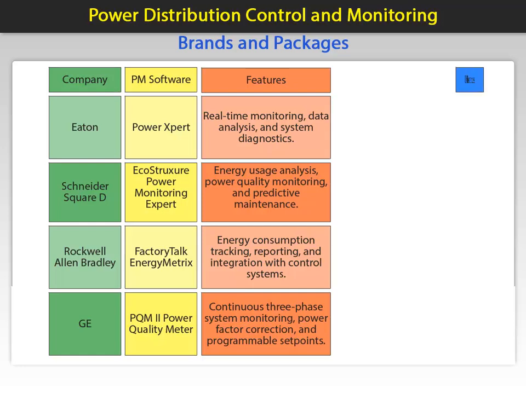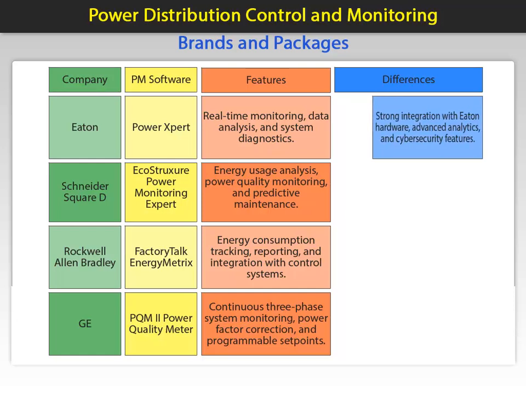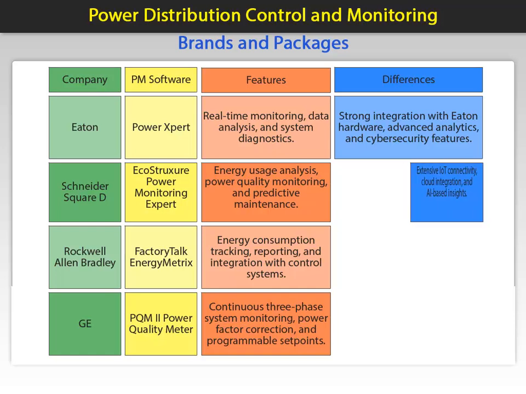Now let's highlight some differences. Eaton has strong integration with Eaton hardware, advanced analytics, and cybersecurity features. Schneider provides extensive IoT connectivity, which stands for Internet of Things, which encompasses various technologies and protocols that enable a wide range of devices to connect to the Internet and each other, facilitating data exchange and automation across diverse applications.